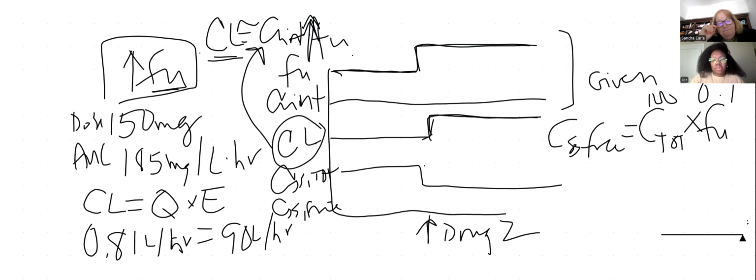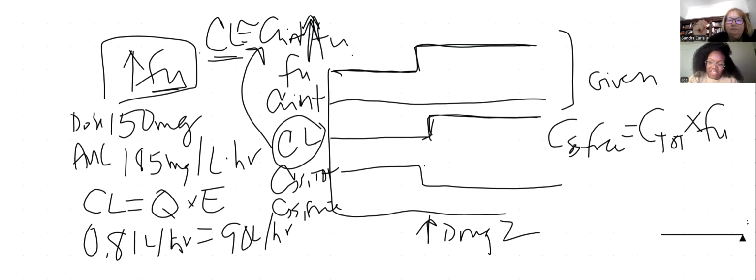It's easy math, but do you believe me then that this is the truth? CSS free will be equal to CSS total times fraction unbound. Do you believe that equation? Yes. Okay, good.